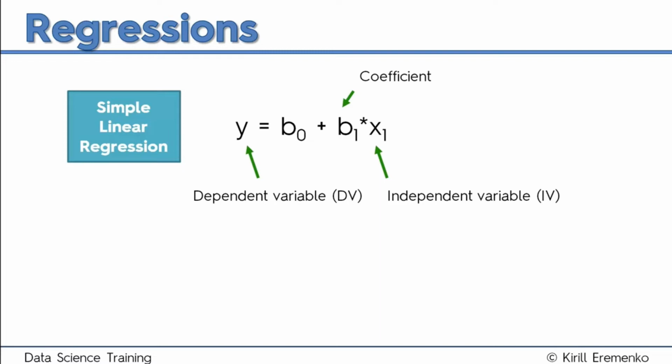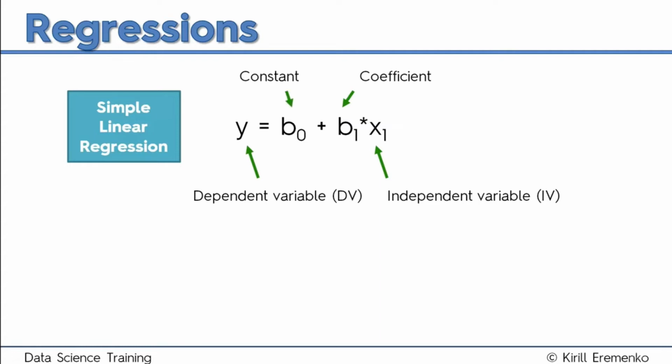Think of it as the translator or the multiplier, the connector between y and x1. You can't always say the change in x is equal to the change in y. There might be a coefficient of proportion by which that change is inflated or deflated.